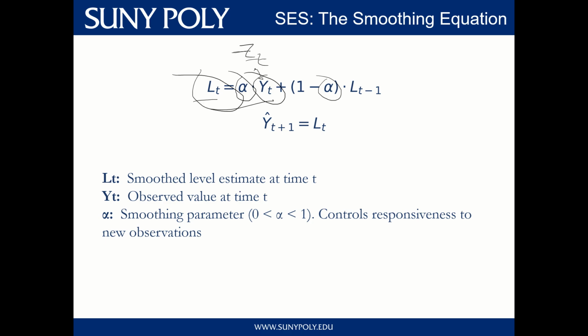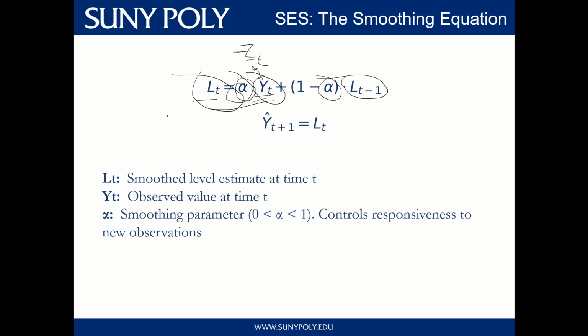It's just the Y, the observed value, right? So if alpha is big, close to 1, that means that we're giving a lot of weight to the latest observation. Now, if alpha is small, then we're giving more weight to previous observations, right?